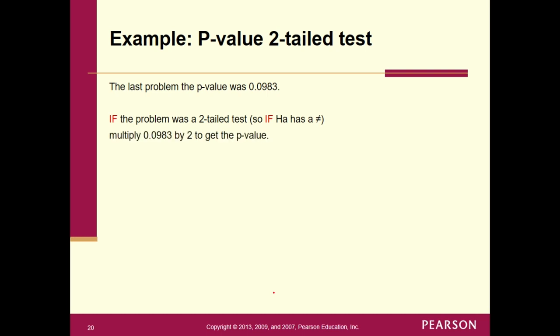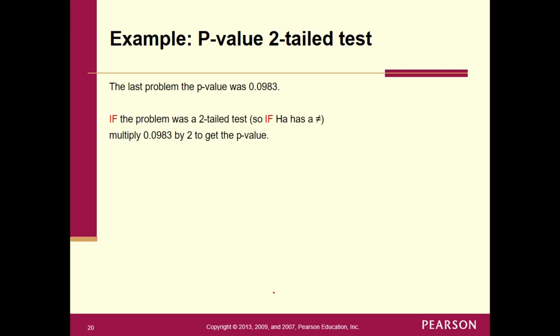What we would have had to do is multiply 0.0983 by 2 to actually get our p-value, because remember, you're testing both the less than and greater than. And so once you find the one tail, if you're working with a probability distribution that's perfectly symmetrical, you would just multiply it by 2 to get that p-value.